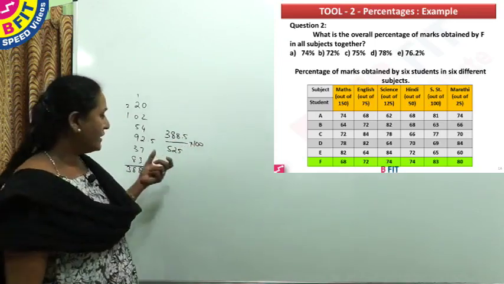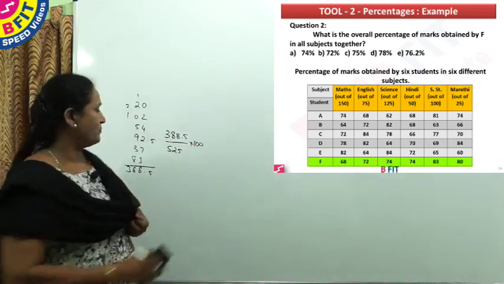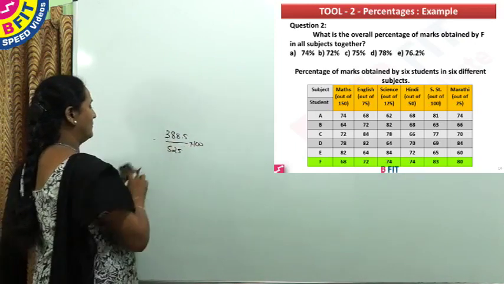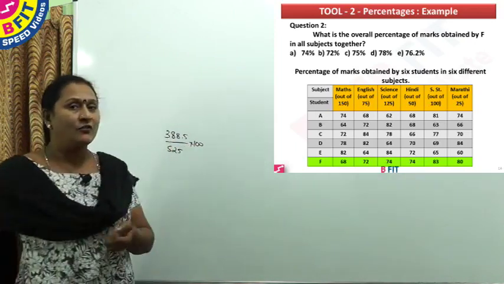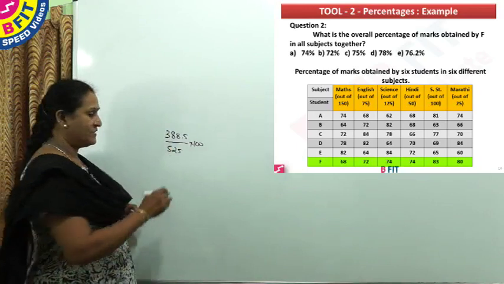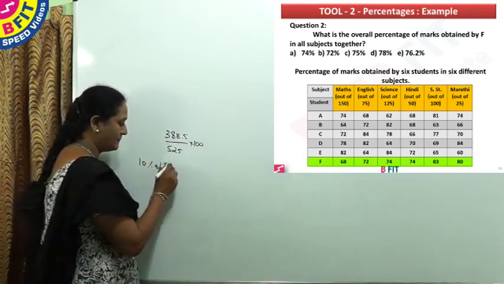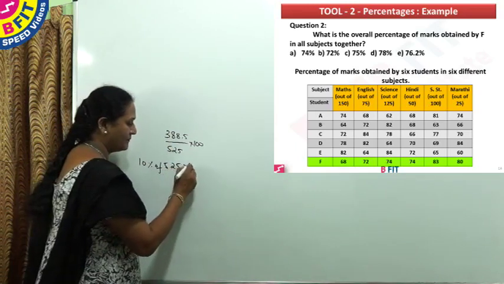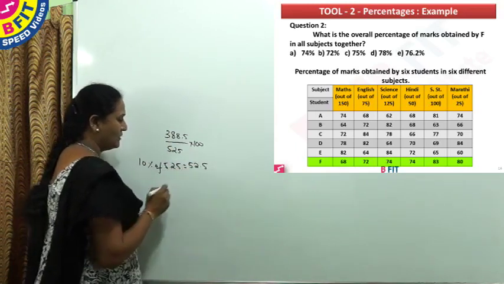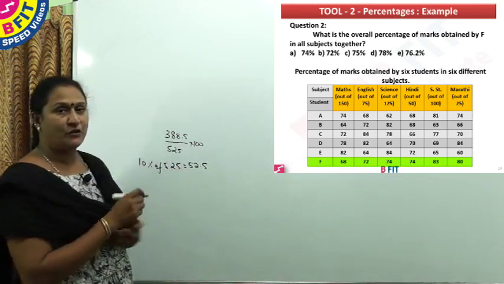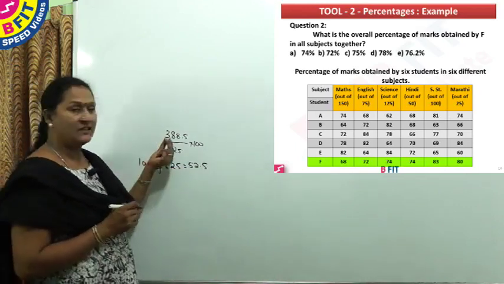And we have to find this percentage of marks. How to find the percentage? We can start with 10%. So 10% of 525 is 52.5, and the options are in the 70s.